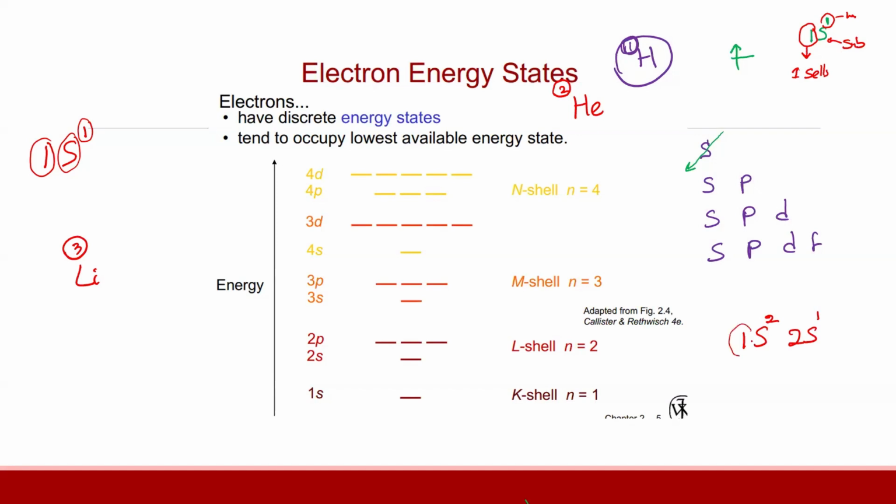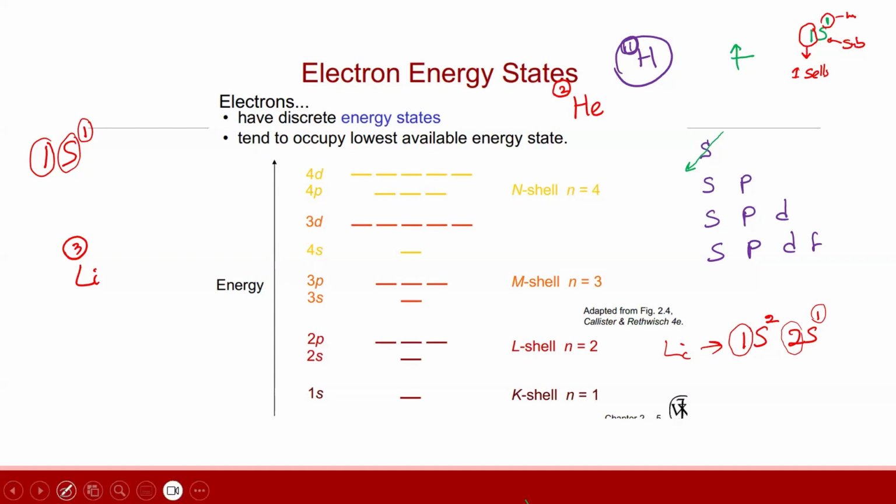So in the first shell, in the S subshell, it has 2 electrons, and the remaining third electron will go to the second shell, and that will hold one electron in the subshell S. Does that make sense? So that's 2s1. So for lithium it is 1s2, 2s1.